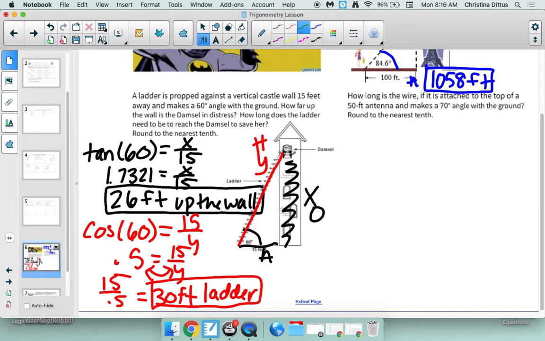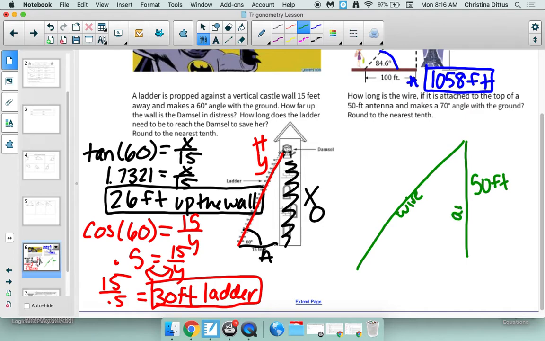Alright, I want to know how long is the wire if it is attached to the top of a 50-foot antenna. Draw a little antenna. This is my antenna. It says the antenna is 50 feet. Let's label it. It makes a 70-degree angle at the ground. Well, the wire is going to the top of it, so this is our wire.